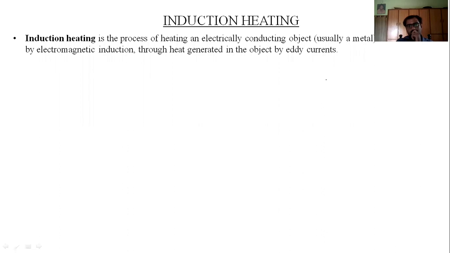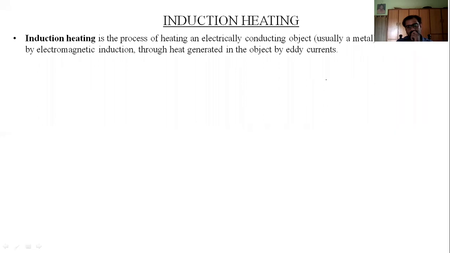Whatever heat is generated by this induction is going to be caused by the eddy currents. The metal is heated up by the eddy currents, which can be done by electromagnetic induction.